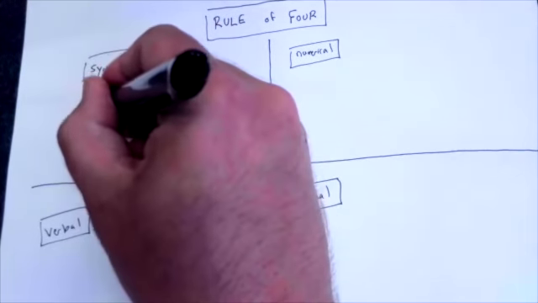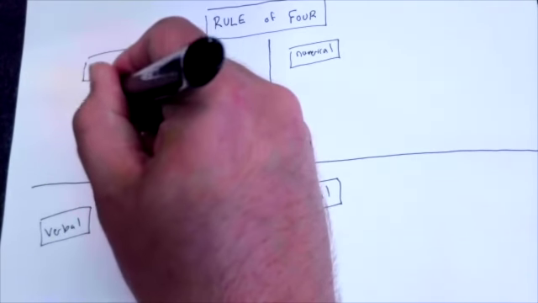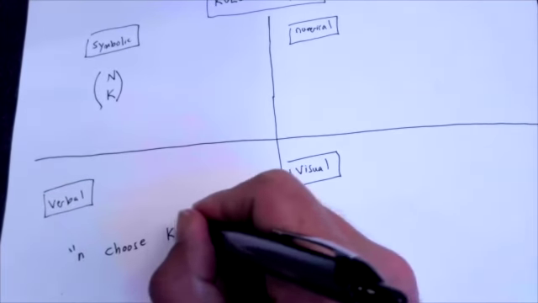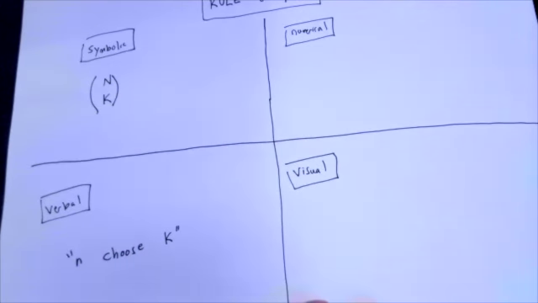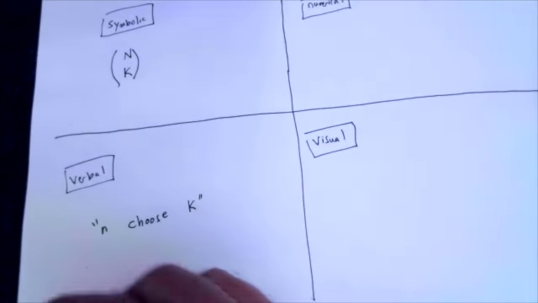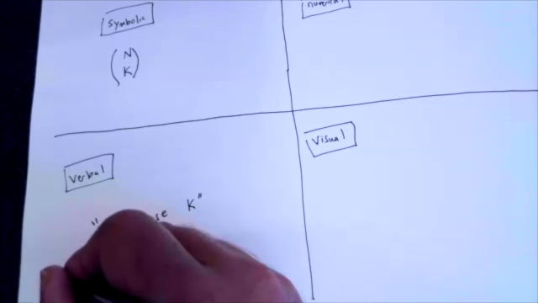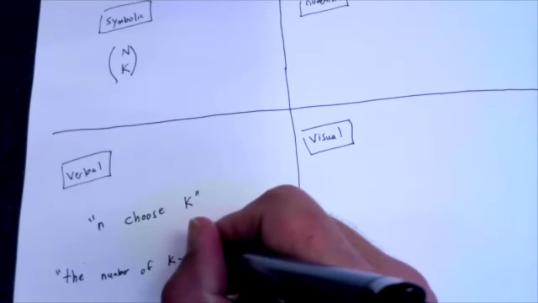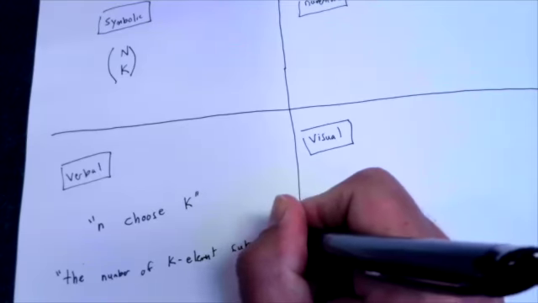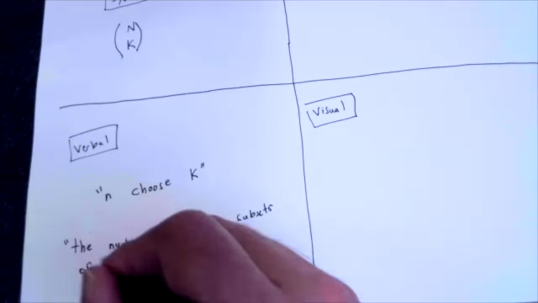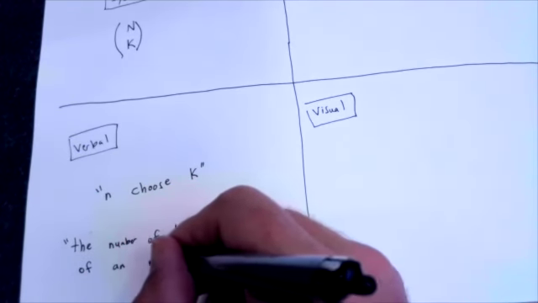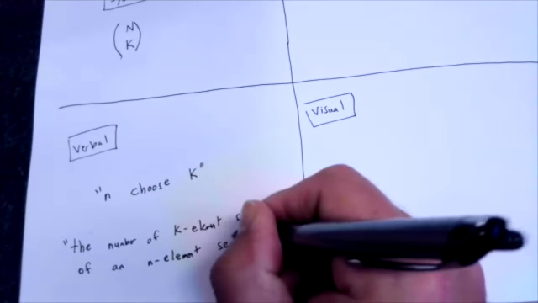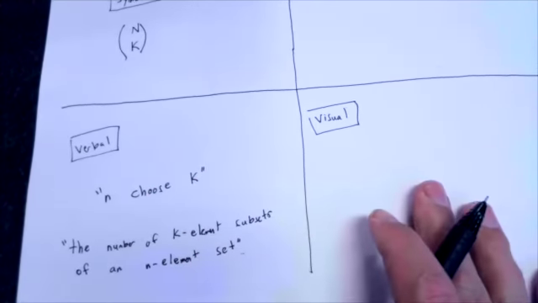So we've seen this notation, which is pronounced n choose k. But there's a definition that also would go in this verbal slot, and this is the number of k element subsets of an n element set.